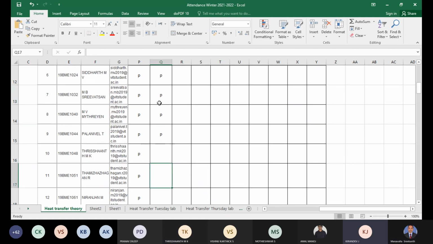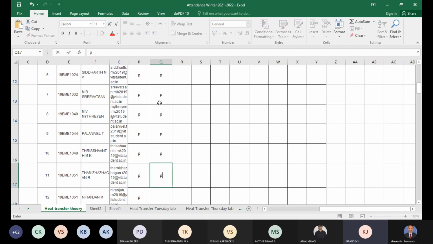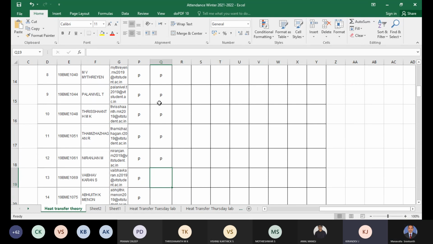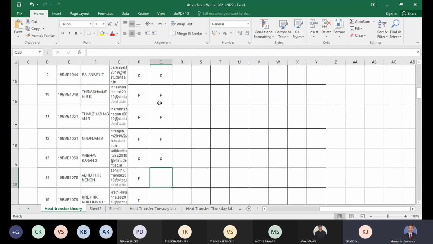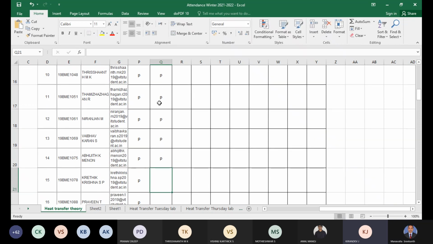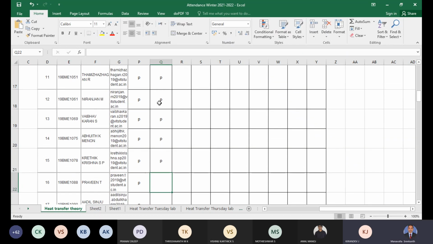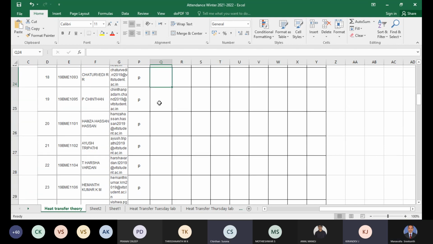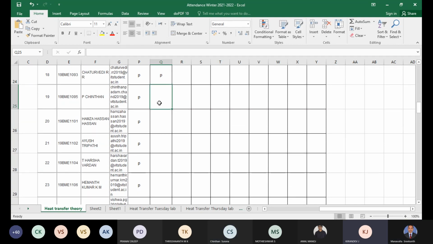Kalagan, present, sir. Niranjan, present, sir. Karan, present, sir. Menon, present, sir. Kritik, present, sir. Praveen, present, sir. Adil Sinju, present, sir. Teddy, present, sir. Chintan, present, sir. Hamza Hassan, present, sir. Ayush Tripathi, present, sir.